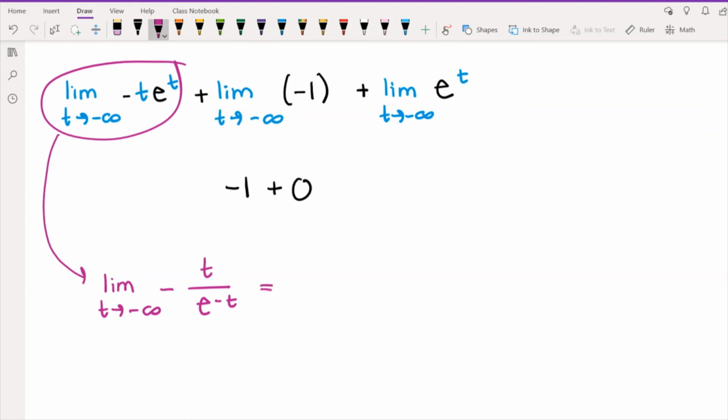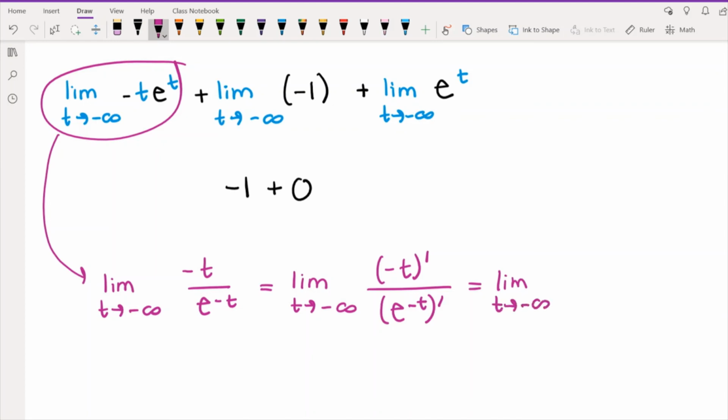So we can take the derivative of each. Let's put that negative sign on one of them so that we can include it in the derivative. So we take the derivative of the numerator, we take the derivative of the denominator, and we end up with negative 1 over negative e to the negative t. And now we're good.